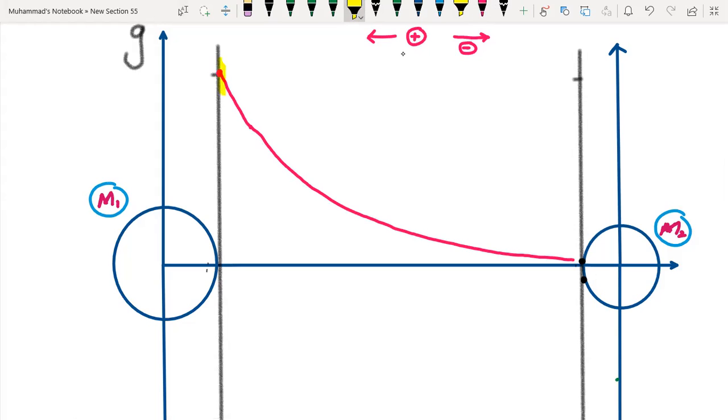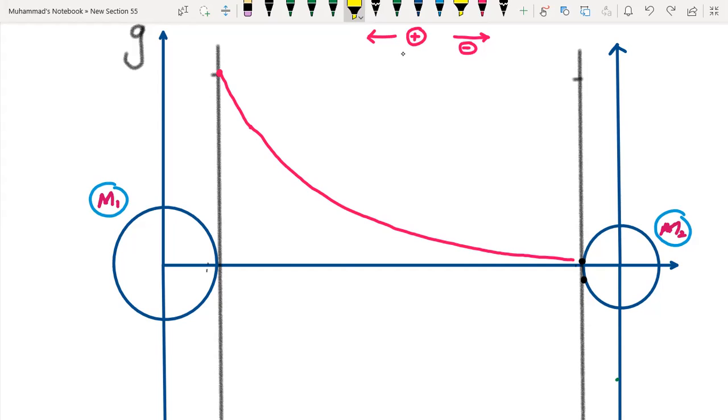It has some maximum value over here and it decreases, and it becomes least as you move away from this mass. Right now, we are plotting the gravitational field strength due to these two masses between the surfaces of these two masses. We are not going inside of these masses.